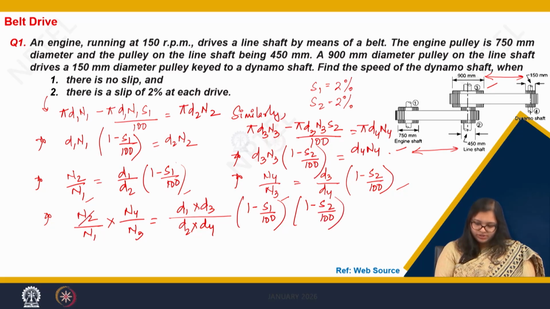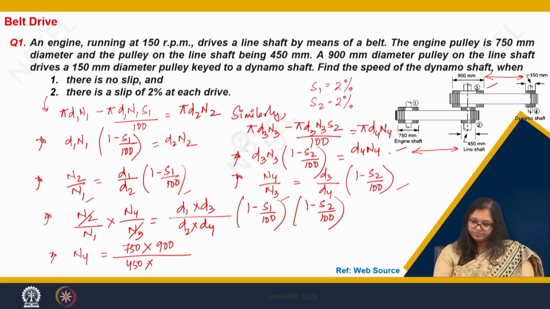Here our N2 is equal to N3. So finally our N4 is equal to D1 multiplied with D3. So what is our D1? D1 is 750 multiplied with D3, that is 900, divided by 450 multiplied with 150.